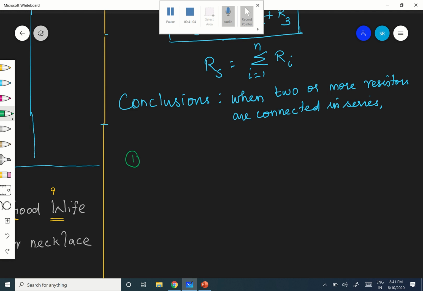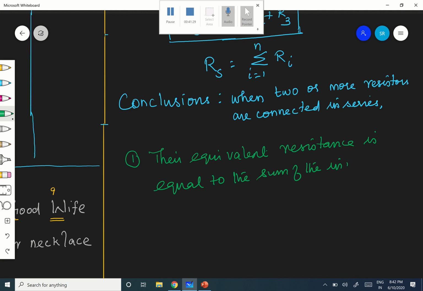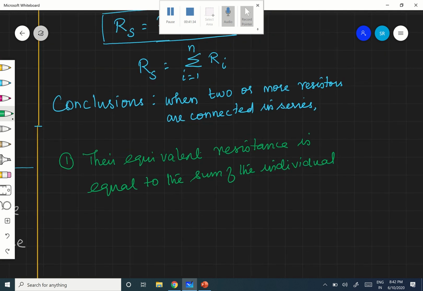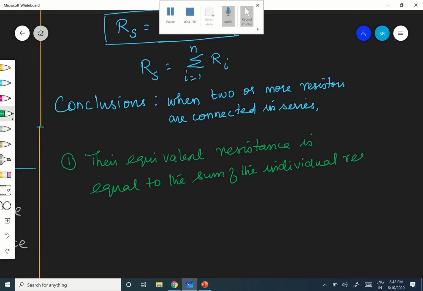Their equivalent resistance in series is equal to the sum of the individual resistances. Correct? Individual resistances.